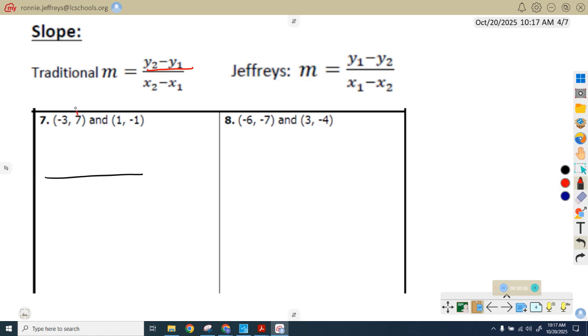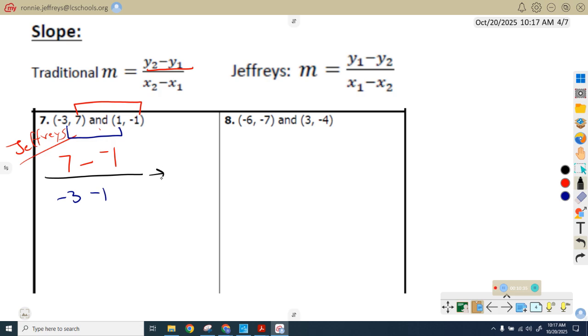So you need your y values on top. I would still do this, whichever method, because it will help you make sure that you're setting it up right. All right, so we're going to have 7 minus -1. And I'm doing the Jeffries method right here. I'll do the traditional in a second. And then we have -3 minus 1.